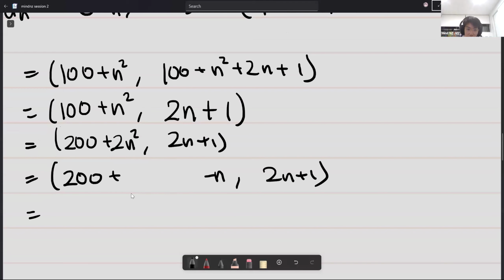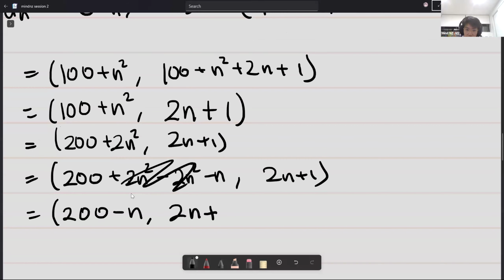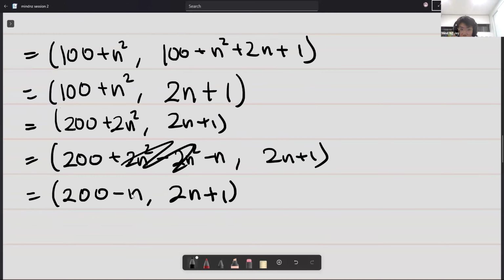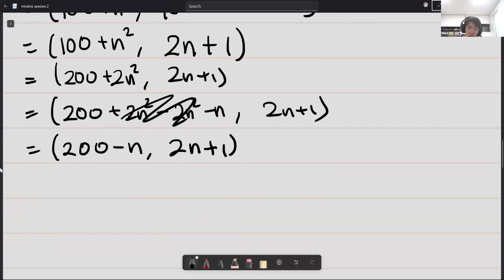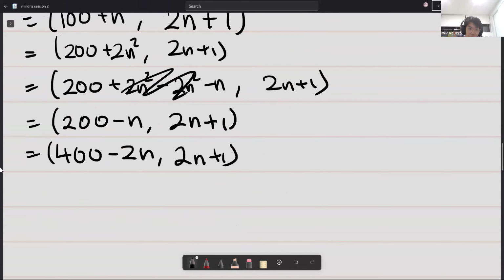And these cancel out. So you get 200 minus n, 2n plus 1. And we can do the same trick again, but we double this. So we get 400 minus 2n, 2n plus 1.